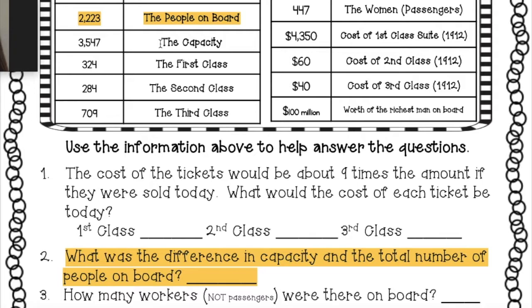And the capacity is how much the ship could hold. So the capacity is 3,547. So we're going to take these 2 numbers and make it a subtraction problem to figure out the difference between those 2 numbers. So we're going to subtract 3,547 minus 2,223 to get our answer.